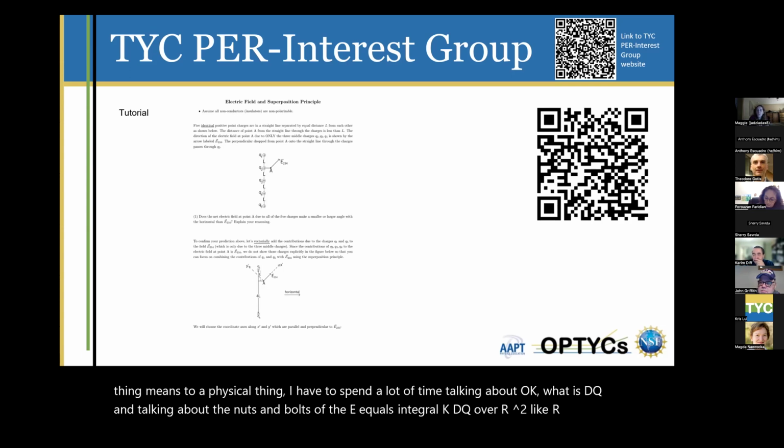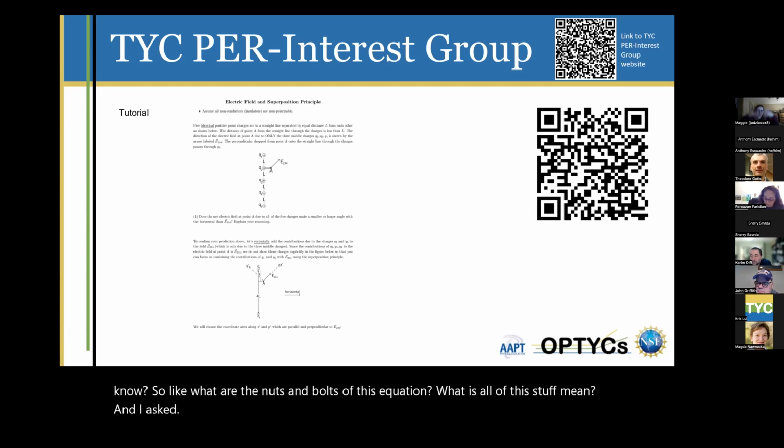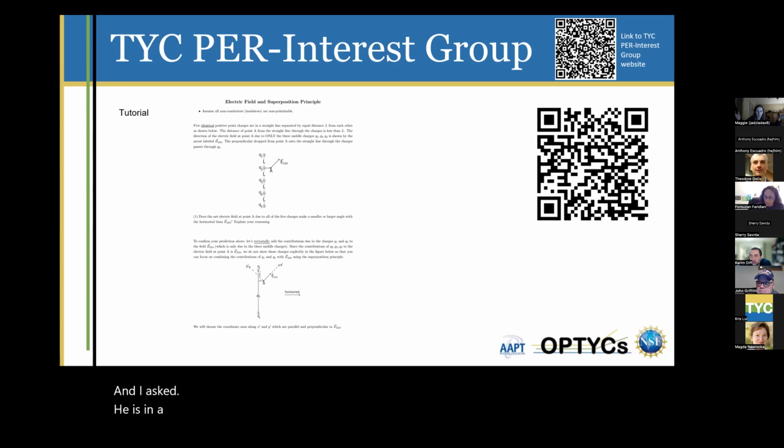So what are the nuts and bolts of this equation? What does all of this stuff mean? And I asked them a question like, okay, guys, here's our equation. E is integral k dq over r squared, r hat. How many variables are there in this equation?